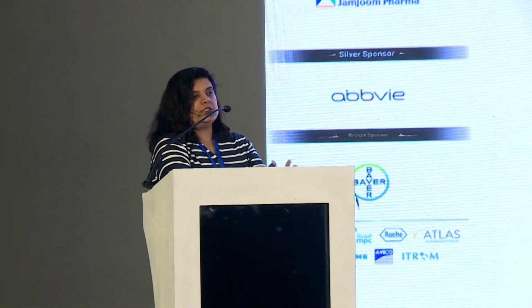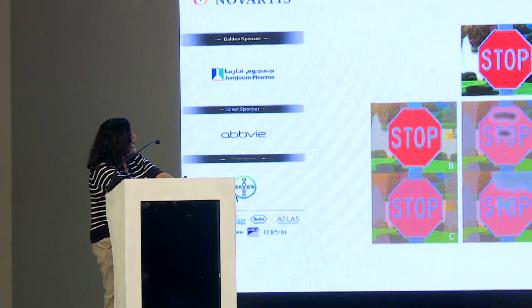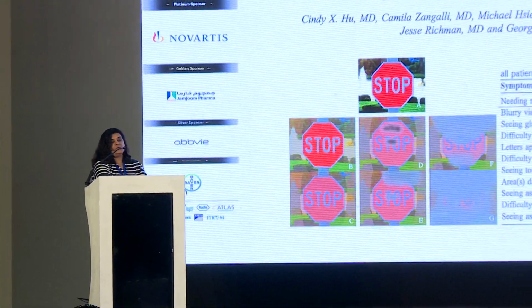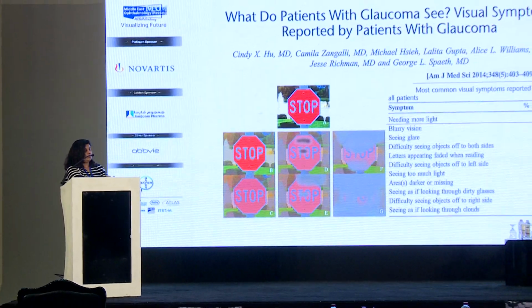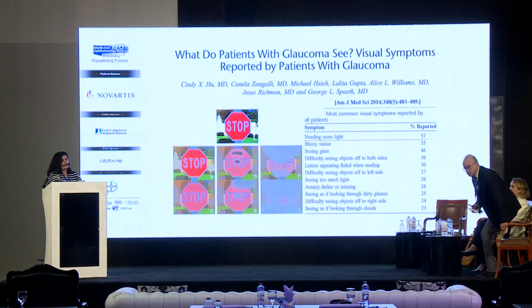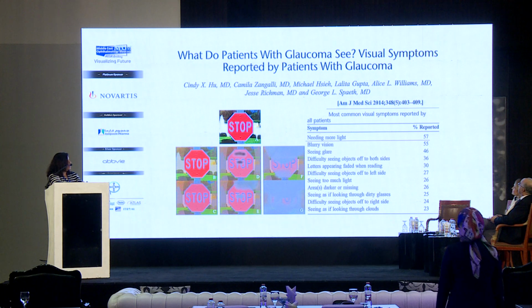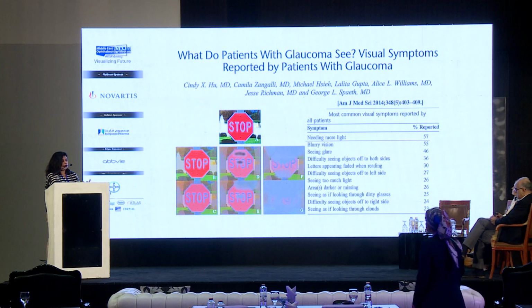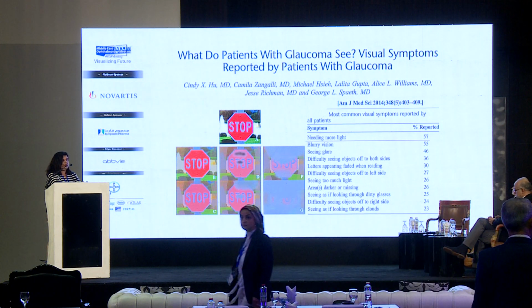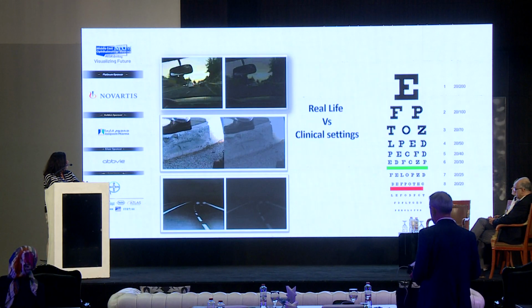This was one of the articles which set wheels into motion, and when patients were really asked what they saw, it was not the loss of peripheral field of vision. What they said was that they needed more light. So essentially, all glaucoma patients complain of reduced contrast, and among these 100 patients who were questioned regarding the problems they faced, one of the most important was needing more light.